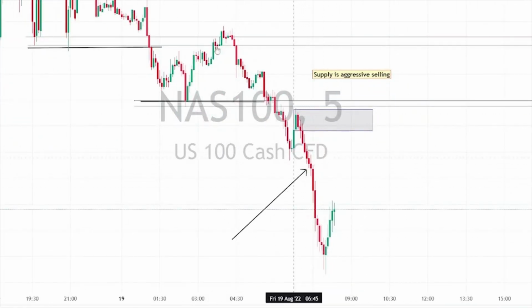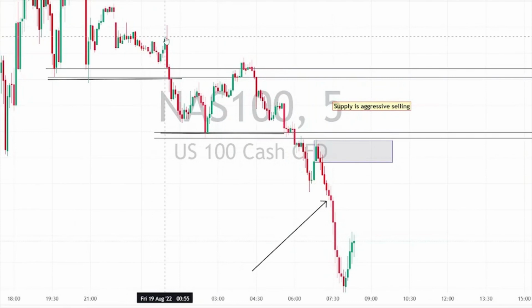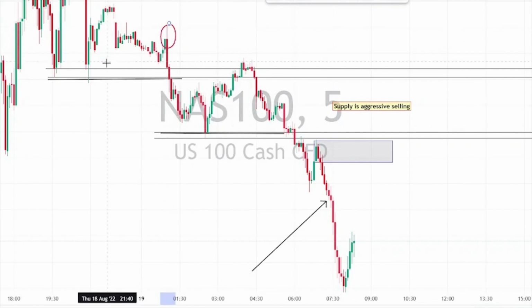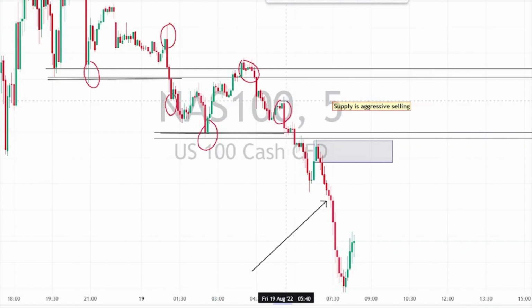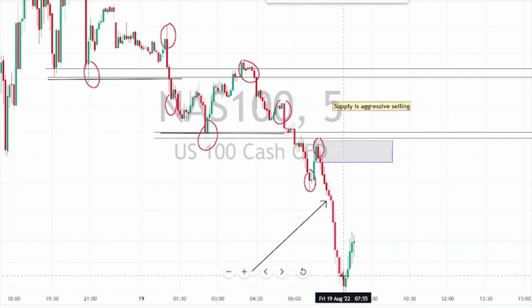So this is a downtrend and we are making lower highs and lower lows, lower highs and lower lows, again and again.